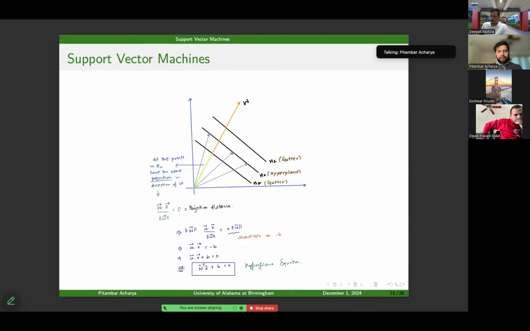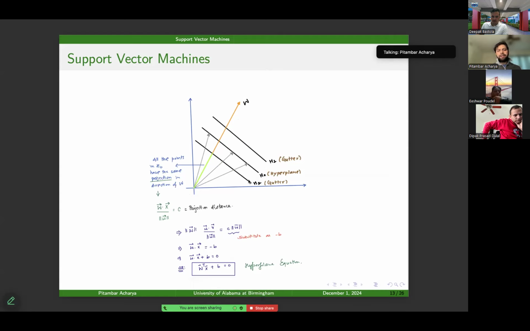Here, let's construct a normal vector W. I'm considering two dimensions, and this is the normal vector W starting from the origin, and I construct three parallel lines. The center one is the hyperplane, and the two surrounding lines are S1 and S2.